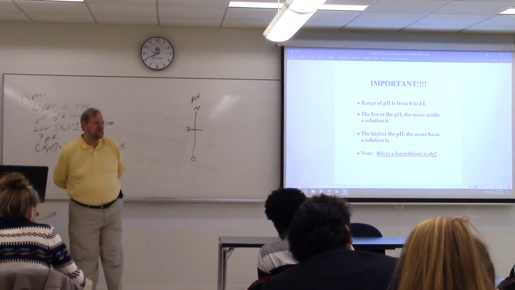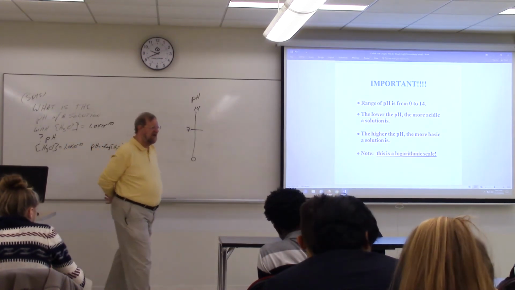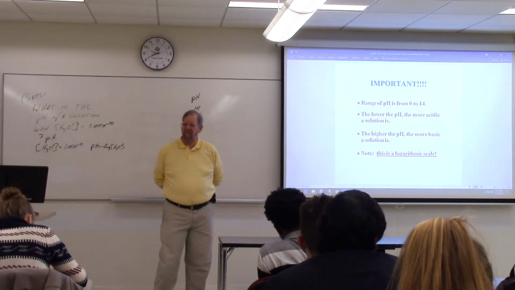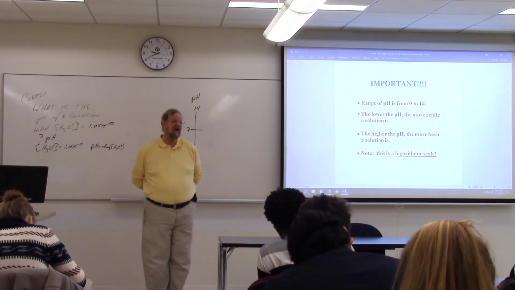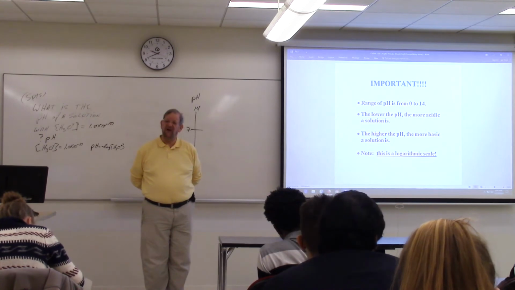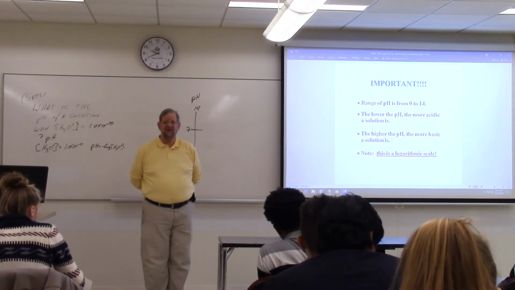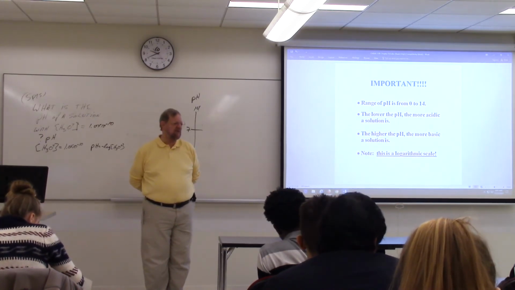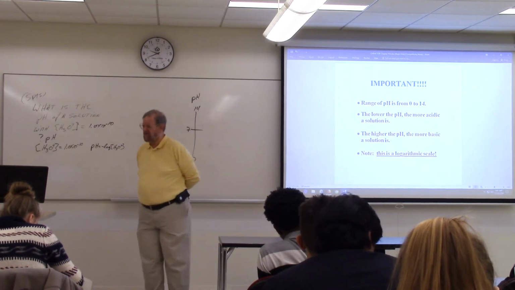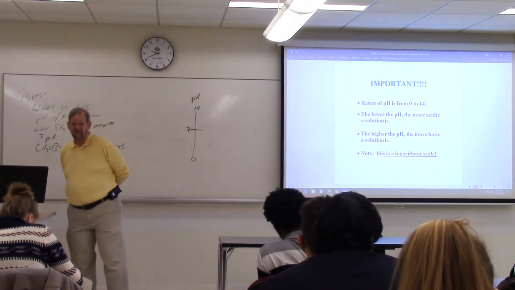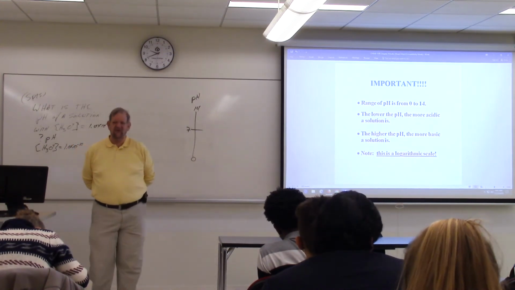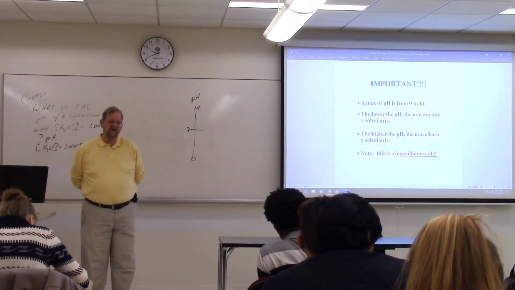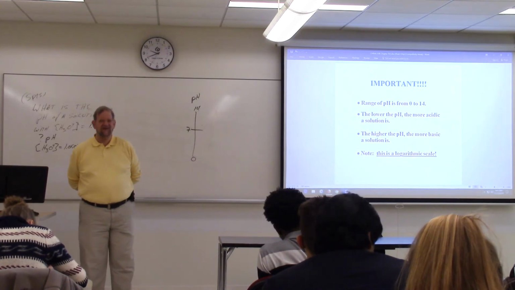You have in here pHs of 15 and 16. Any undergraduate chemistry major knows pH can't be higher than 14. I would suggest you go back and measure these again and recalibrate. There's an instrument called a pH meter. If you don't calibrate it properly, you can get bad numbers, but you should know if it's over 14, it's bad. Something's going wrong. And he did. He corrected them, and he never did that again.